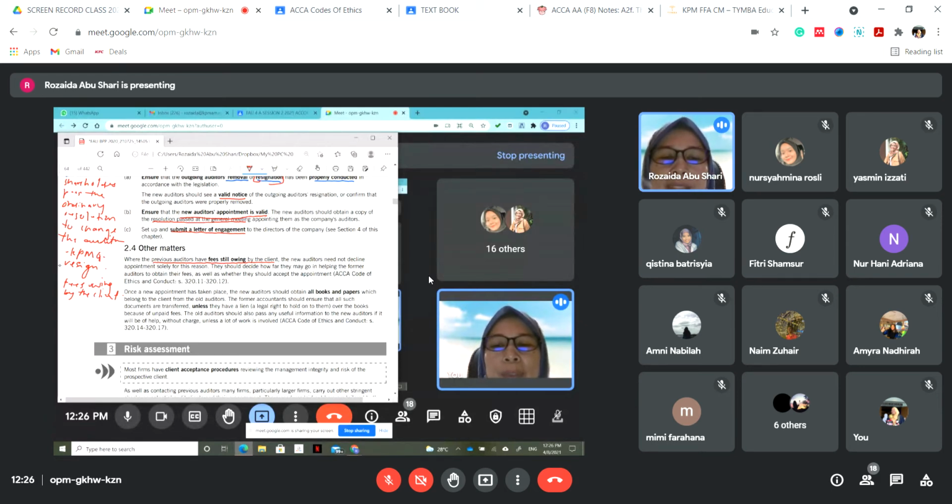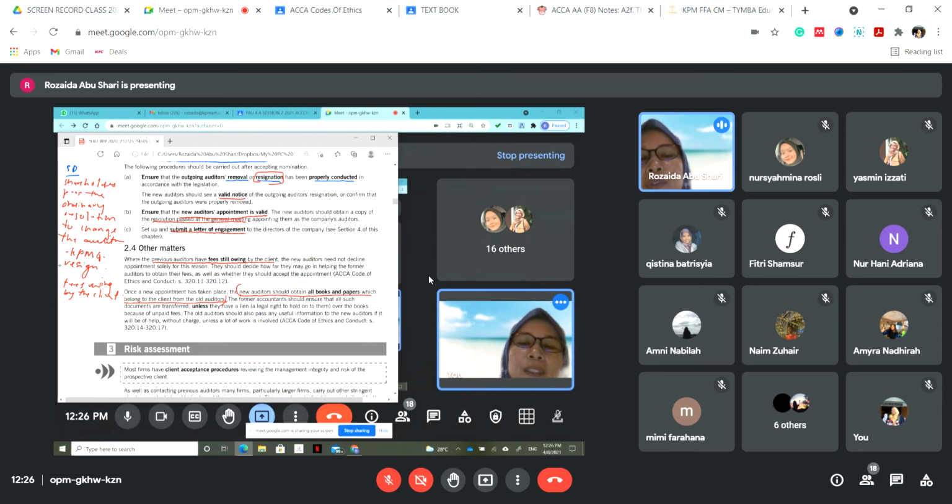Once a new appointment has taken place, this is important, the new auditor should obtain all books and papers which belong to the client from the old auditors. So if KPMG holds all the documents, all these documents should be passed to the firm.